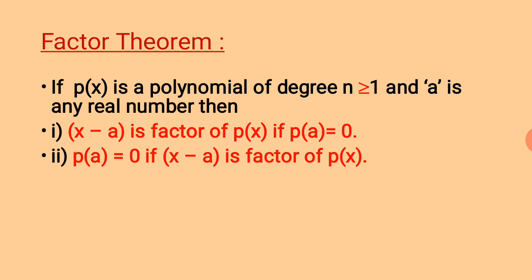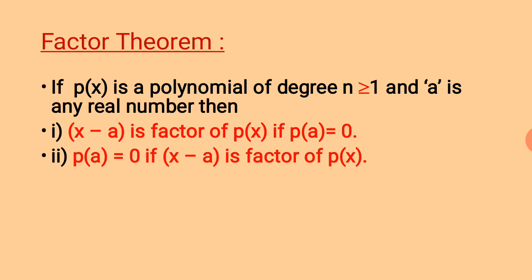That's what we did. It is given to be x minus a as the divisor. So we equate it to 0 and we substitute x as a. So we have found p of a, and when it will be equal to 0, the given divisor, that is g of x, will be the factor of the dividend, that is p of x.